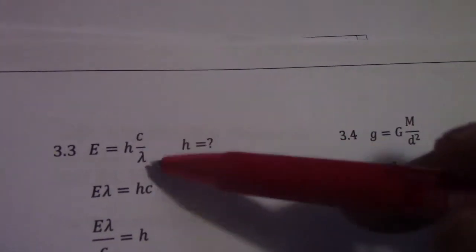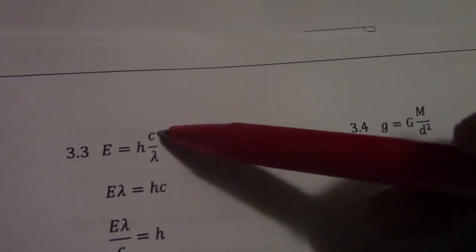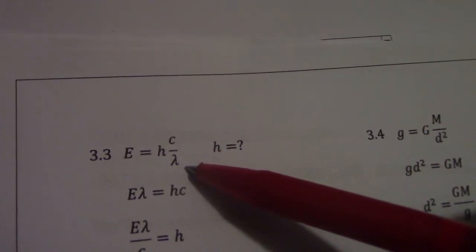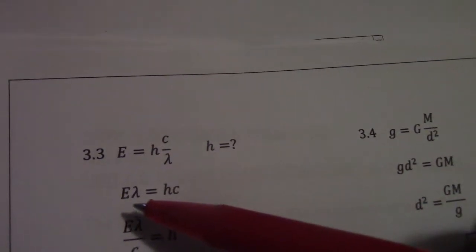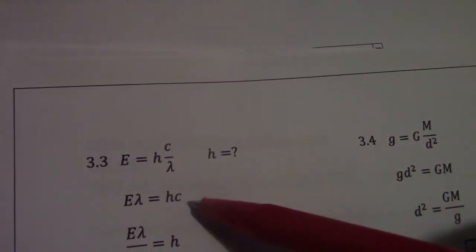Go further. Alright, 3.3, we have E equal to h times c over lambda, or energy of a photon equals Planck's constant times the speed of light over wavelength. Alright, so to make h the subject of the formula, to get rid of this denominator, I cross multiply, so that becomes E times lambda equals hc.